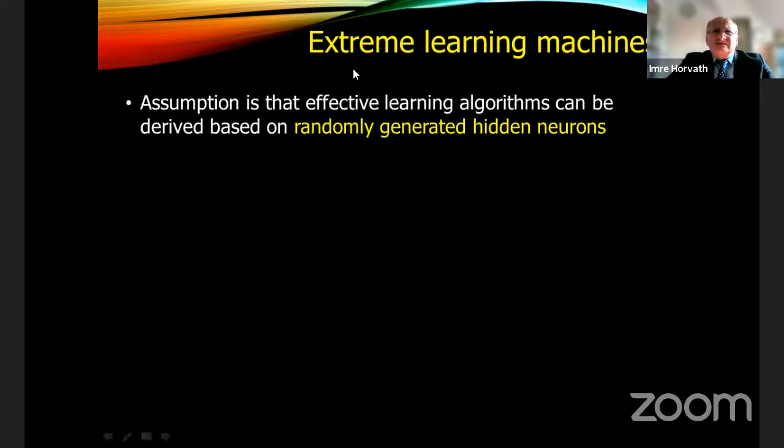So the assumption of extreme learning machines is that effective learning algorithms can be derived based on randomly generated hidden neurons.